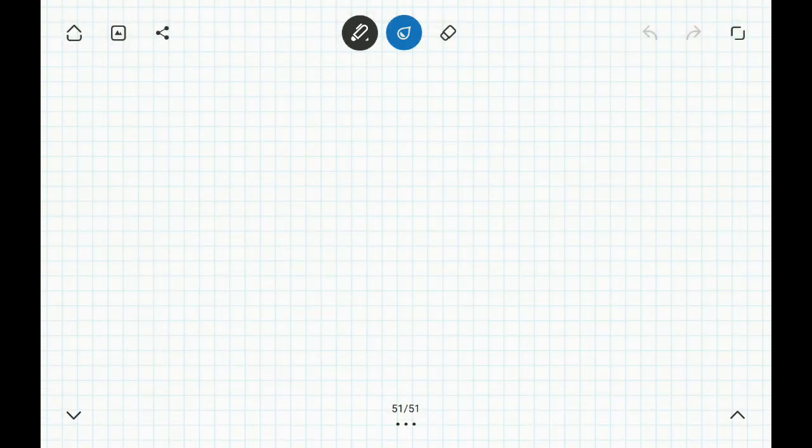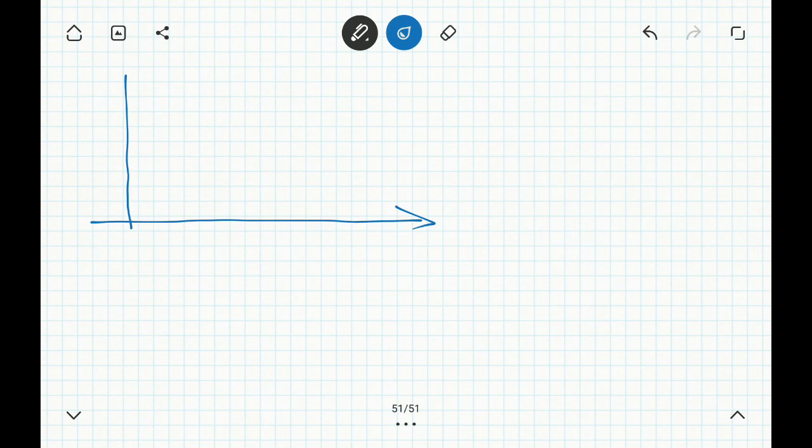And now I will do one thing. I want to plot a graph. I'll put x on horizontal axis, and I will put my distribution function on vertical axis.